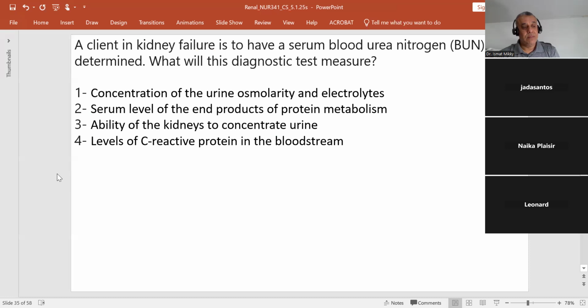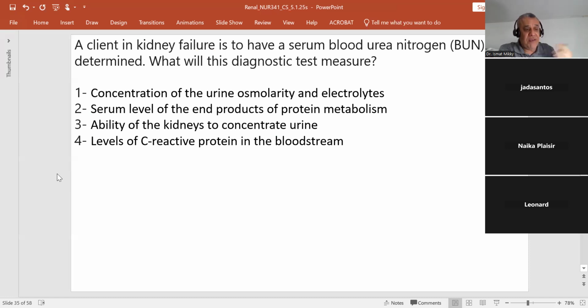Exactly, because urea is an end product of protein metabolism. Remember that when you eat too much protein, the BUN will elevate. Especially with animal protein, try to drink as much water as you can, so the water is going to flush it out. Otherwise, the BUN will increase.